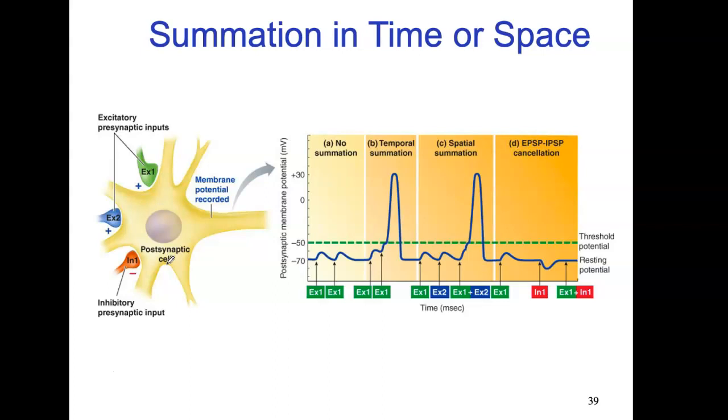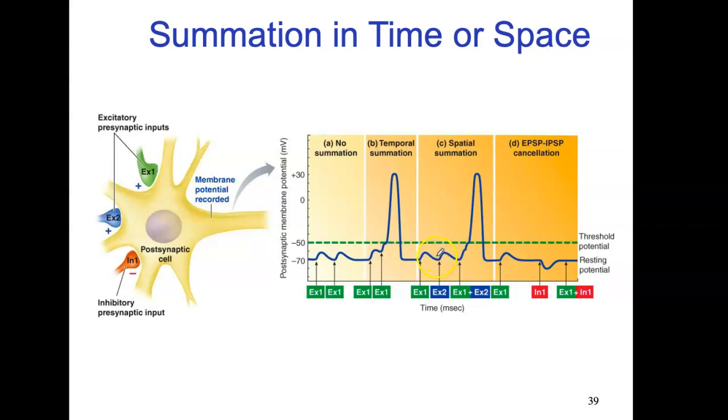Summation in time or space. Here we have first delivery of that charge, and then here we've delivered it much more quickly one after the other, and it has reached 55 millivolts and fired.